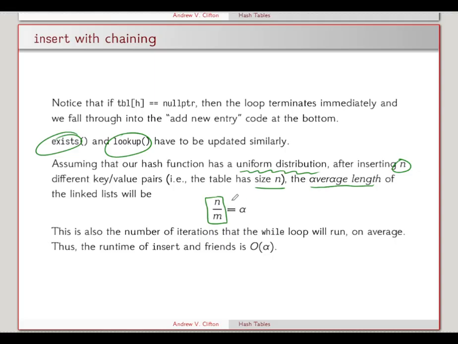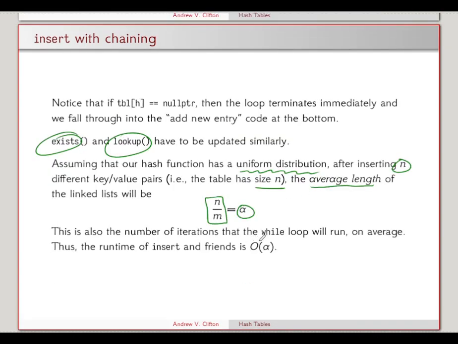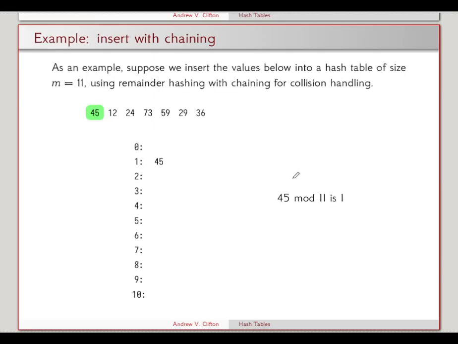So the average length will be n over m, which is exactly the definition of alpha. If the average length is n over m, then that is the number of times that the while loop needs to run. That means that insert and the associated operations run in big O of alpha time. As the table fills up, insert, lookup, and exists become slower because they have to loop down the length of those lists.